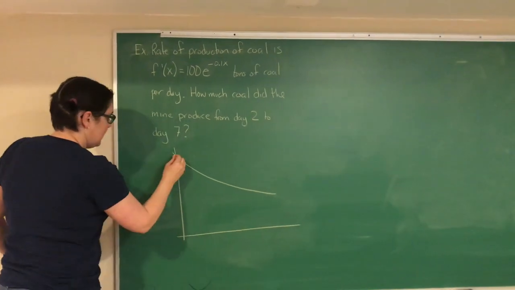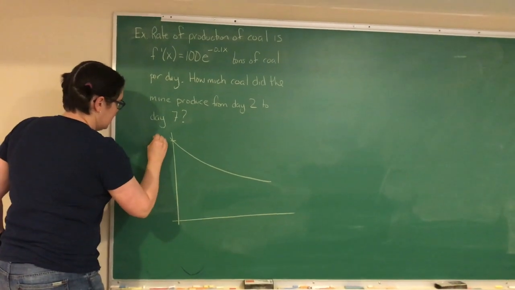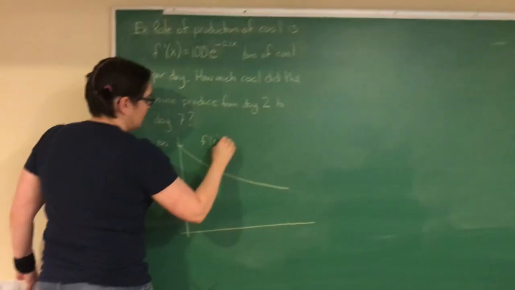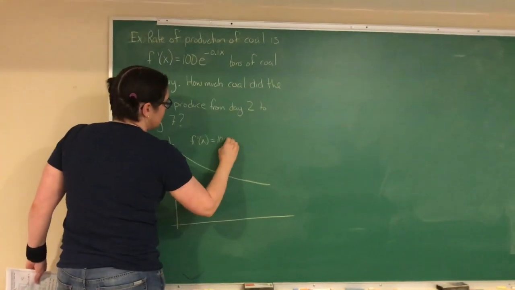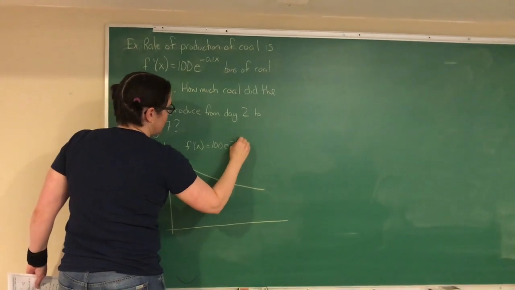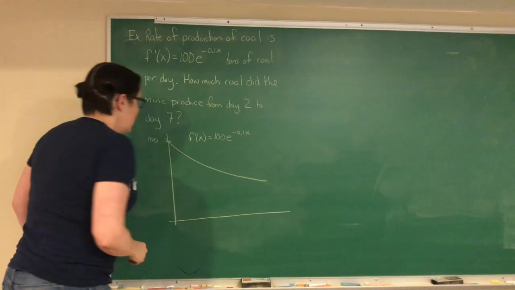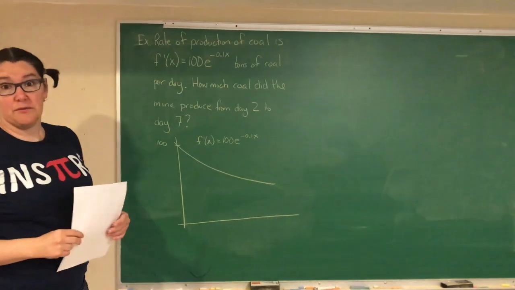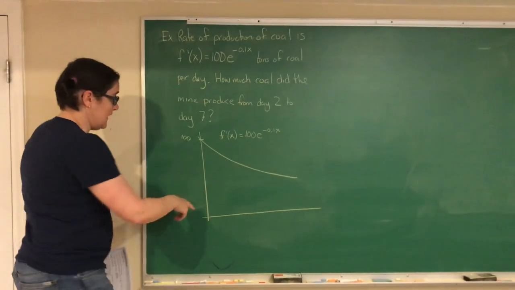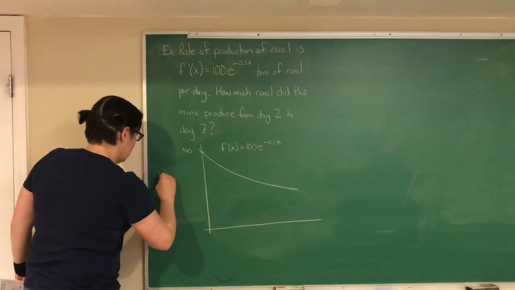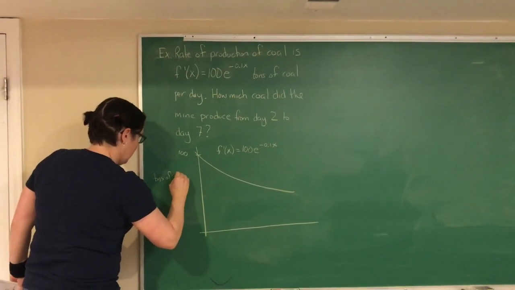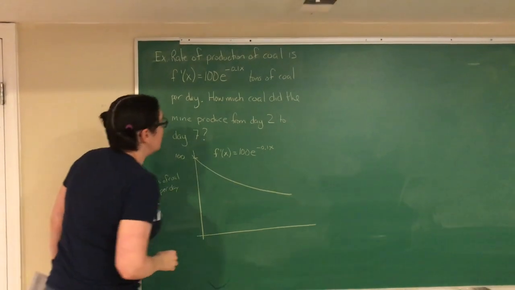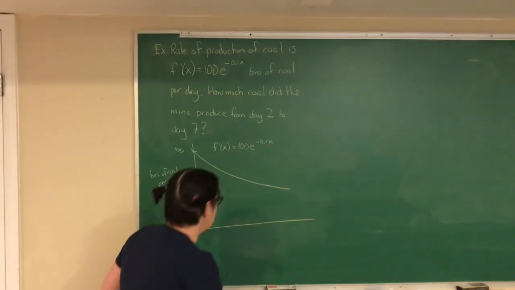And this graph crosses the y-axis at 100, and this is a graph of f prime of x equals 100 e to the negative 0.1 x. And this function is representing the rate of production of coal in tons of coal per day. So our y-axis is tons of coal per day, and our x-axis is representing number of days.